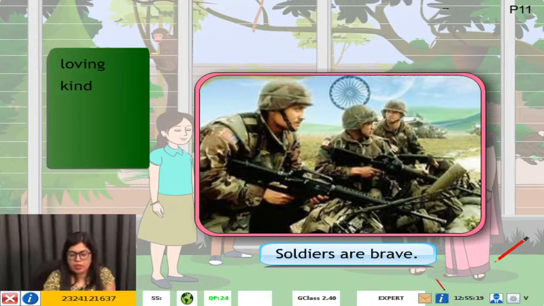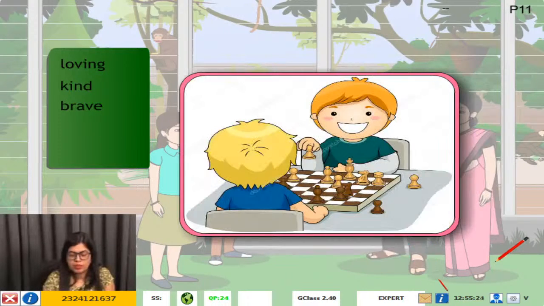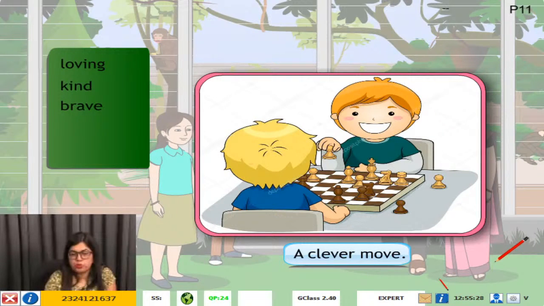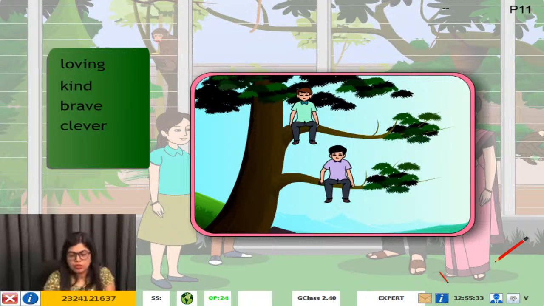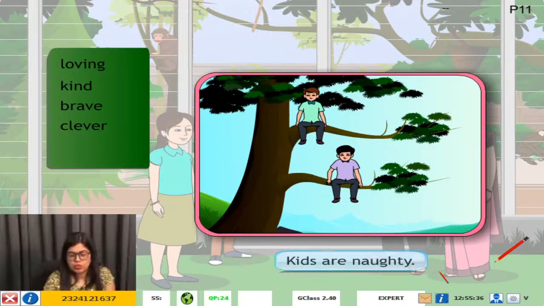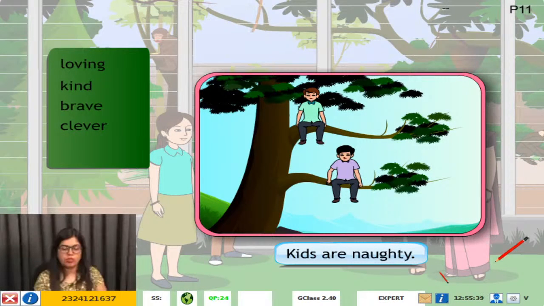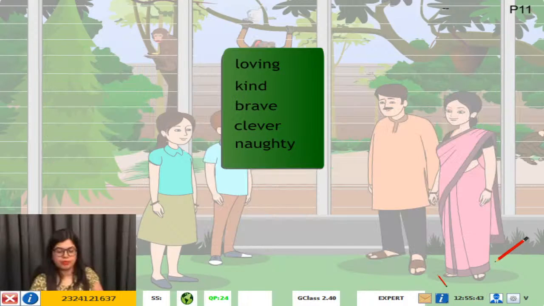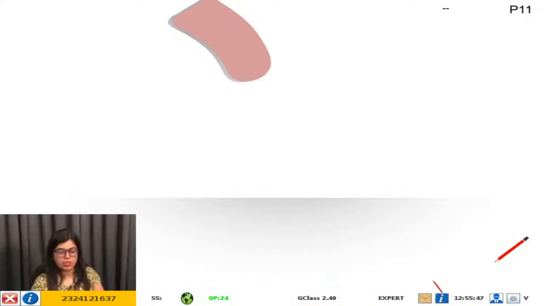Soldiers are brave. Here we have brave. A clever move. So what move? Yes, clever move. Kids are naughty. So here we have naughty.